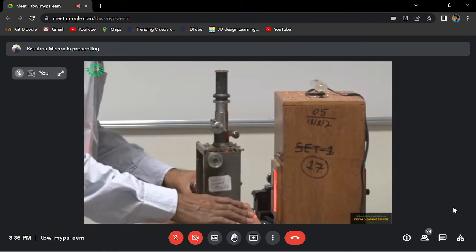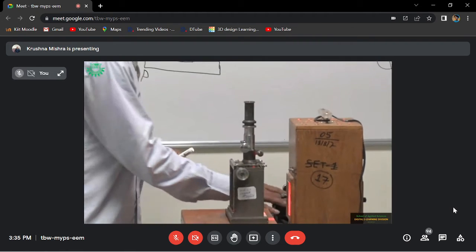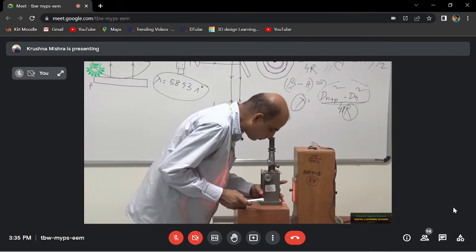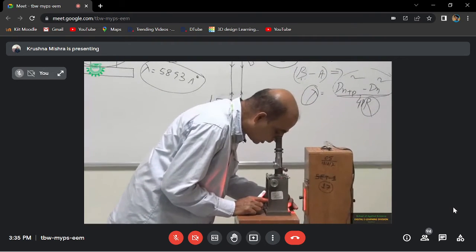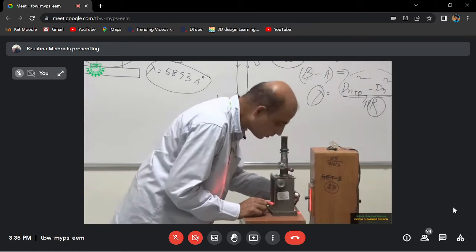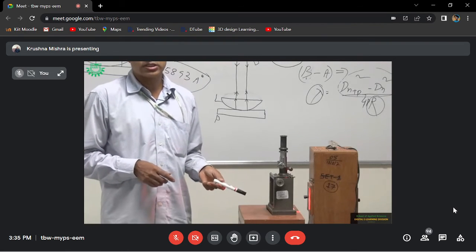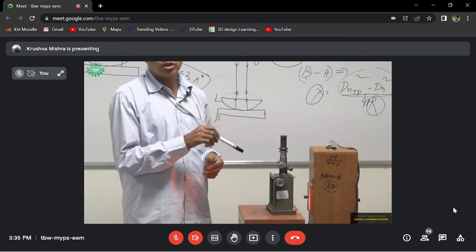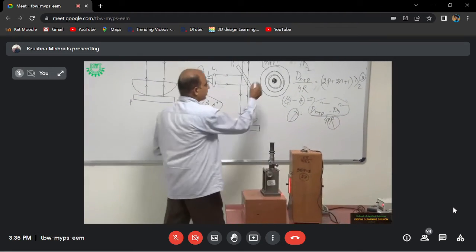There are 10 to 50 observations in the experiment, and we have to adjust it by properly focusing and keeping the lens in contact with the plain glass plate. So it is adjusted properly, and we can see the rings with the cross wire exactly coinciding with the center of all concentric circles.